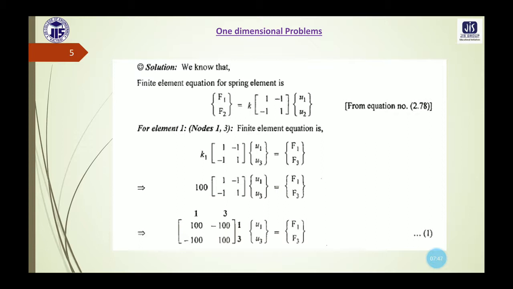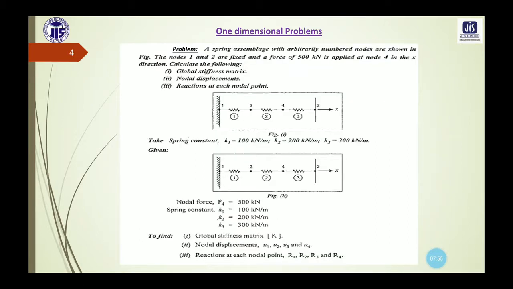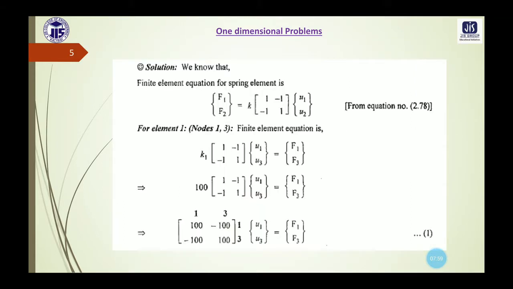Now if we write this finite element equation for the spring element, that is for element 1, in this diagram we can see corresponding to element 1 we have the nodes 1 and 3. So the finite element equation can be written as K1 multiplied by the symmetric matrix multiplied by the nodal displacements U1 and U3, equals the force vector of F1 and F3.